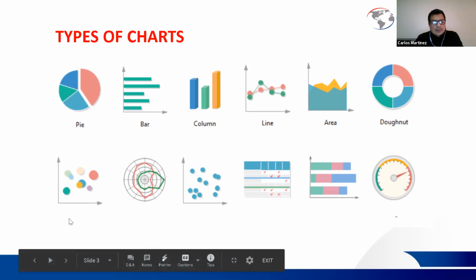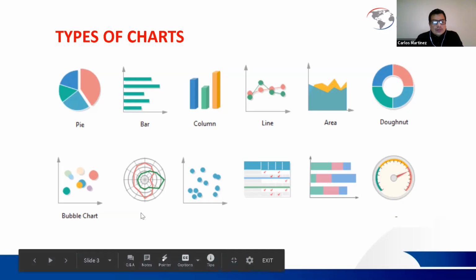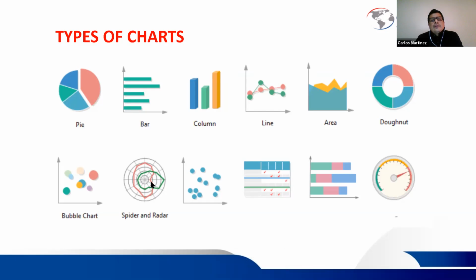The next chart that we have here is a bubble chart. As you can see, we have bubbles, and each bubble represents a certain quantity in a certain moment. The next that we have here is a spider and radar chart. We see this a lot of times, for example, when you evaluate your language skills or your mental agility.